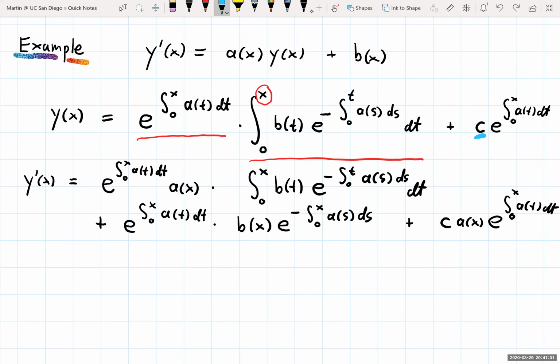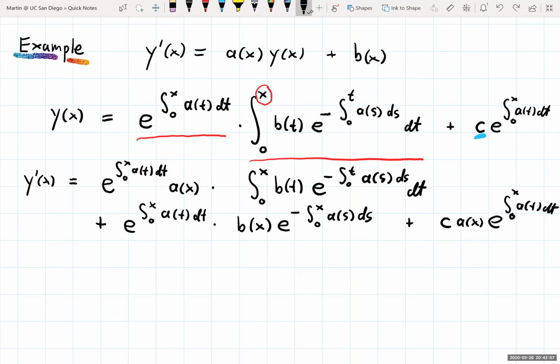Now we can just rename this s here to t, and what we see is that these two terms here, well, here we have plus the integral, here we have the same integral with a minus. These two terms cancel out. So now it's actually already evident that this is precisely the right-hand side that we want.